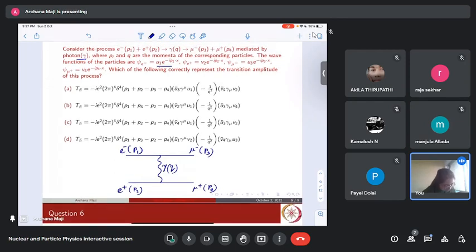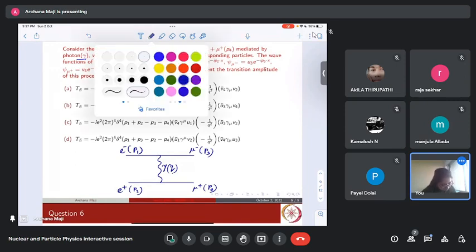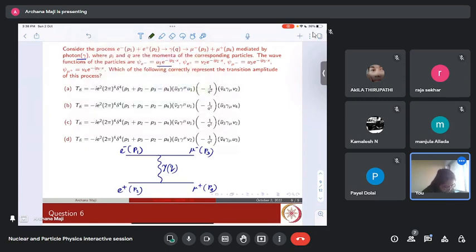So for the electron it is u1 exponential minus i p1 dot x. For mu minus it is u3 exponential i p3 dot x.